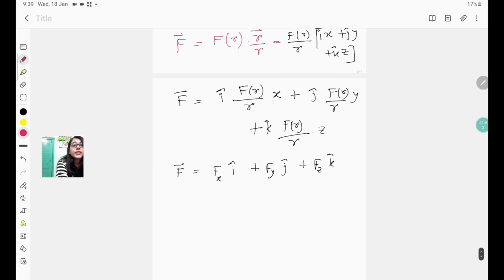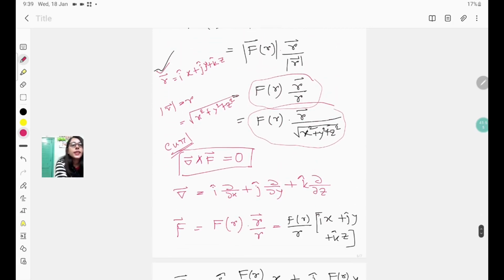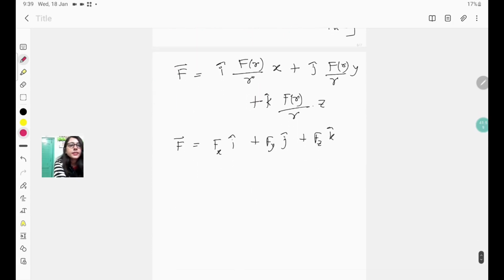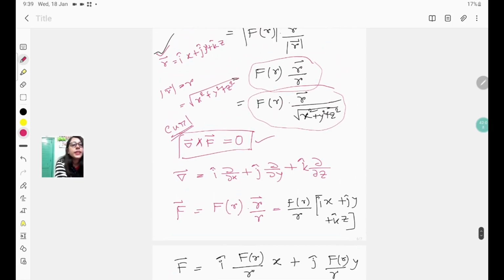Okay, now we need to prove that del cross F should be equal to 0. If we write this in a matrix format, del cross F, and we need to prove it as 0. So what is del cross F? Del is i cap del x plus j cap del y plus k cap del z. We already have written it before.